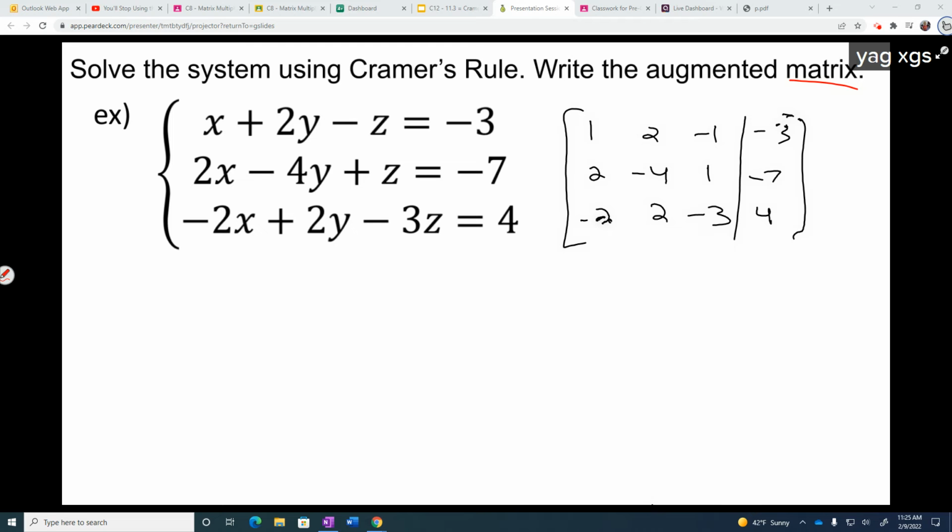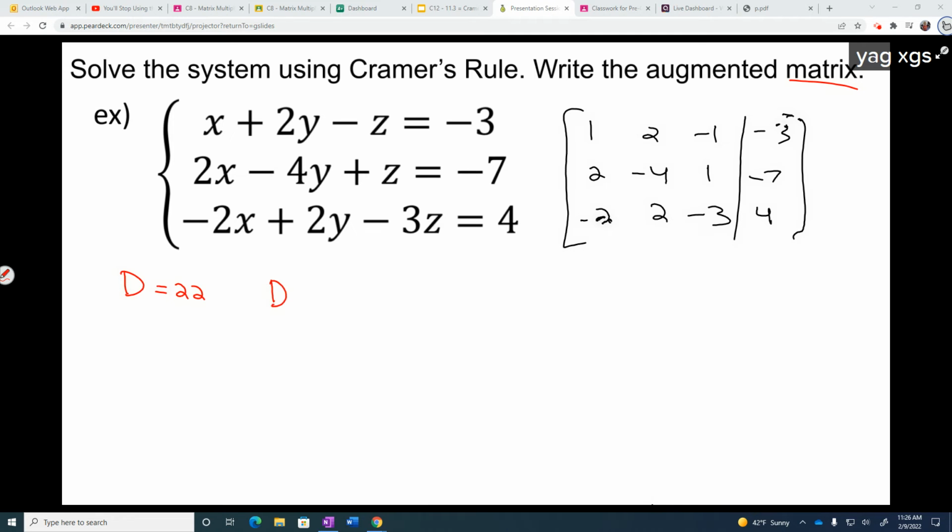You don't have to write out the determinant for D because I know you're just going to be using that one. All right, and we get D. Yep, 22.